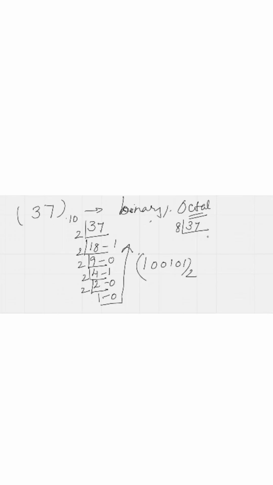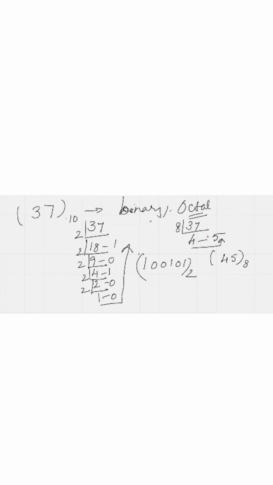If you are dividing it by 8, 8 4s are 32, so the remainder here is 5. We can't divide again. So you can write this number as 45. So the corresponding octal value for 37 is 45 to the base 8.